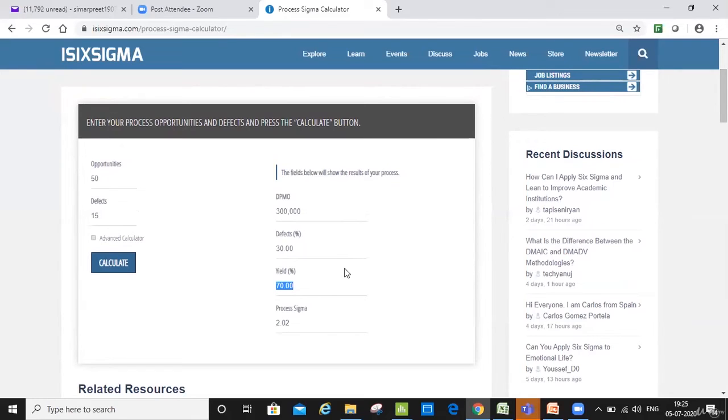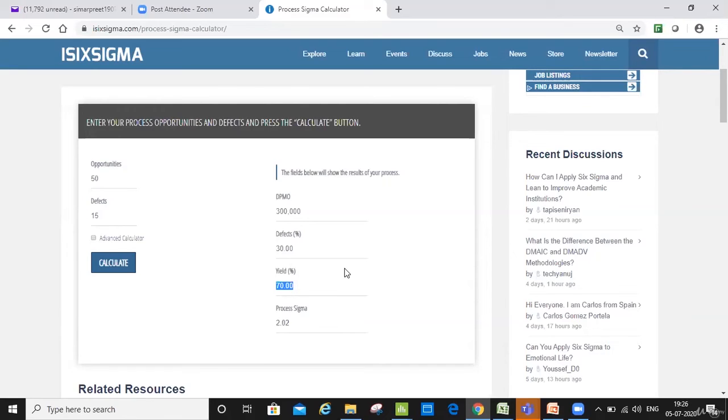Okay, so therefore 1.5, they assume that 1.5 is something which will be getting in the future. So they have already added it in the current scenario so that we can look at what is the sigma level at the moment.